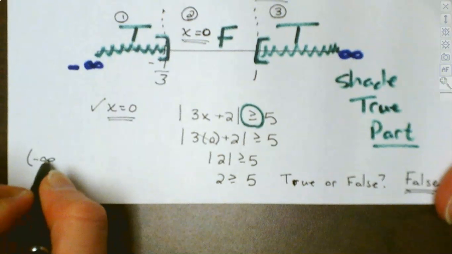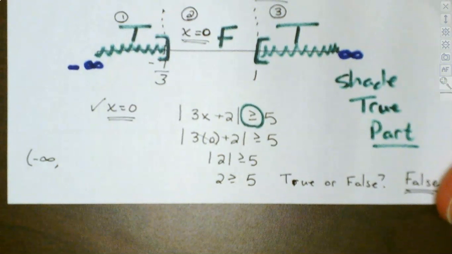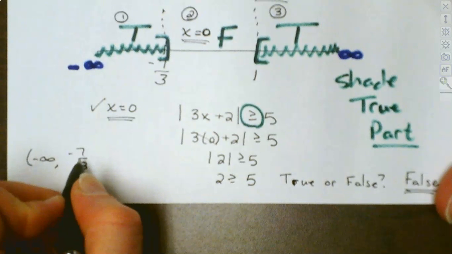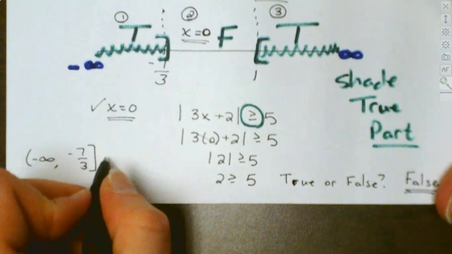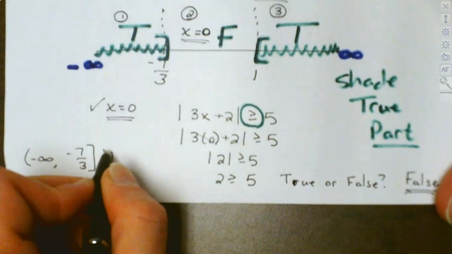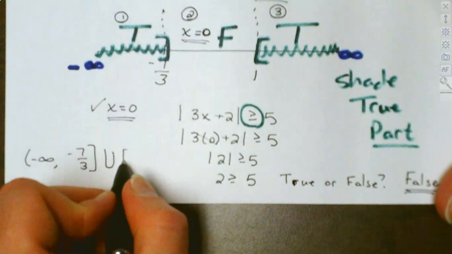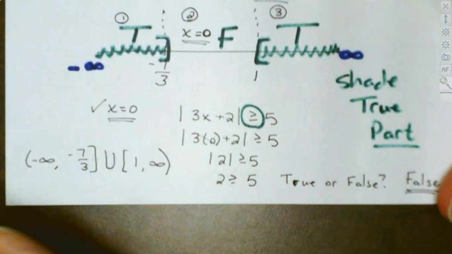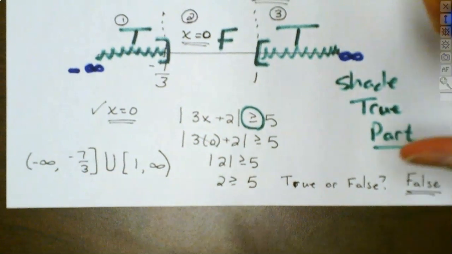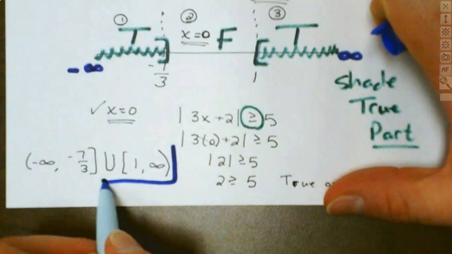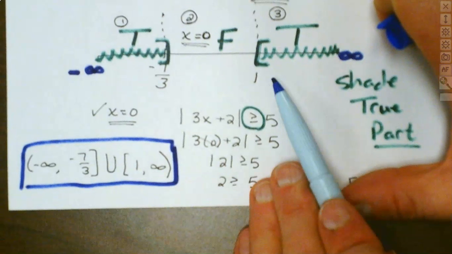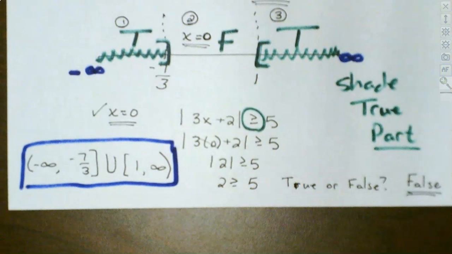Negative infinity with parentheses, comma, negative 7/3 with the square bracket. We use a U for union. And then we've got 1 to infinity. So that is going to be our final finished answer. And this is the graph that goes with it.